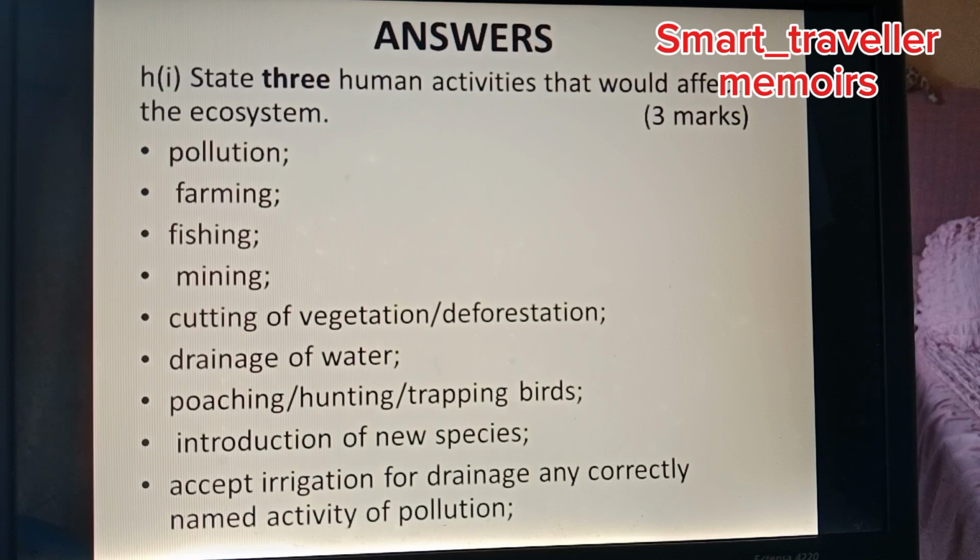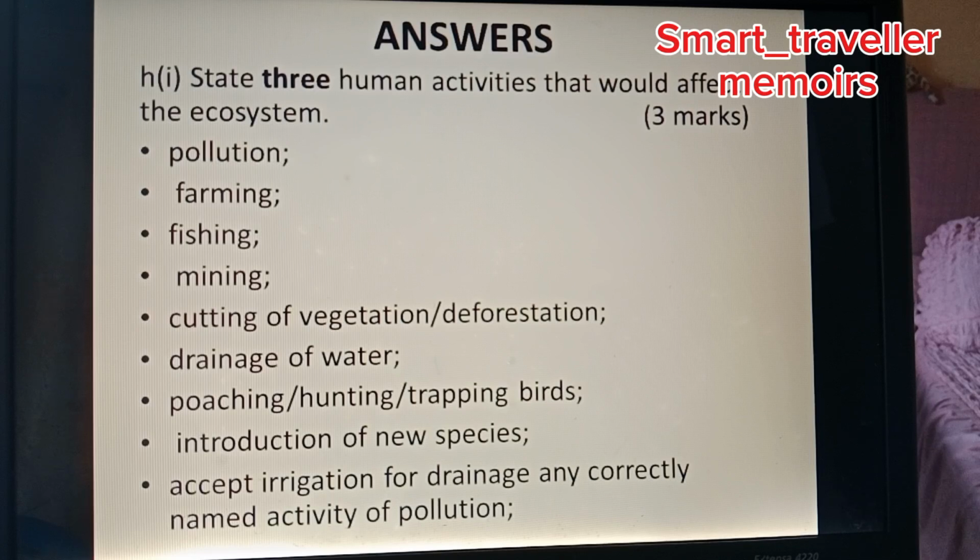State 3 human activities that would affect the ecosystem. So I have several activities there which you choose only 3. We have pollution, farming, fishing, mining, cutting of vegetation, which is normally called deforestation, drainage of water, poaching or hunting or trapping birds, introduction of new species.